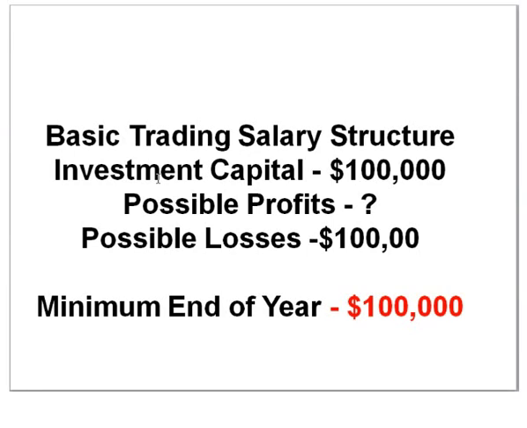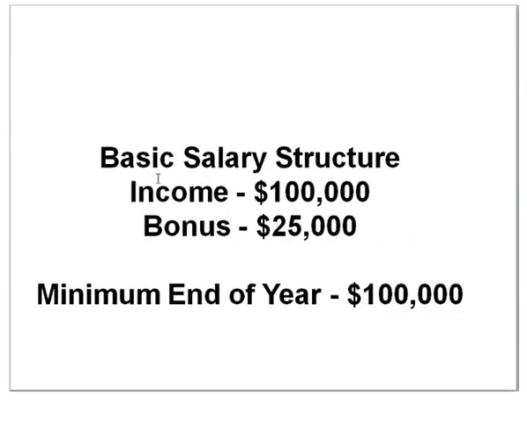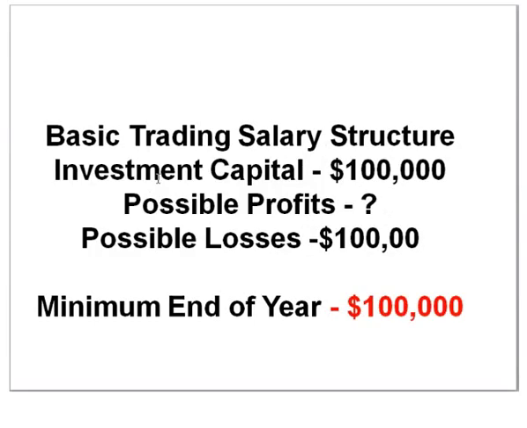Which means that at the end of the year, it's not that you've lost zero, or that you've gained $25,000, or that you've gained $100,000 at very minimum. You know that your potential maximum risk in this case is minus $100,000.